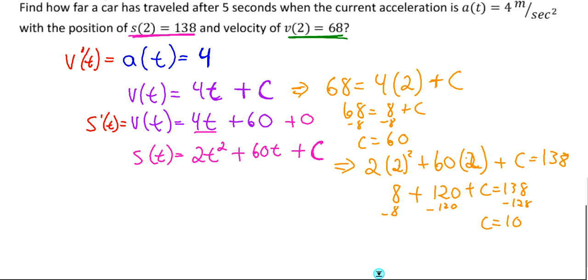So that means that my position equation is 2t squared plus 60t plus 10. So that's my actual position equation. Now we can finally answer that question that we wanted to answer in the first place. We wanted to find what is the distance traveled after 5 seconds. So what we need to do now is find s at 5.